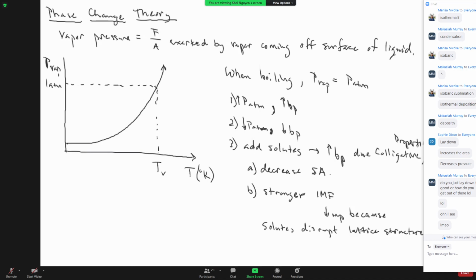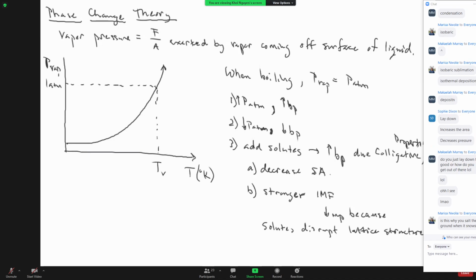So in order to form a solid, you have to form some type of lattice, either crystalline or network covalent or some type of lattice, right? And so what happens is these big salt atoms that are charged start disrupting that lattice.